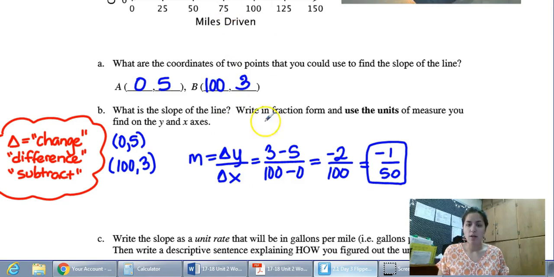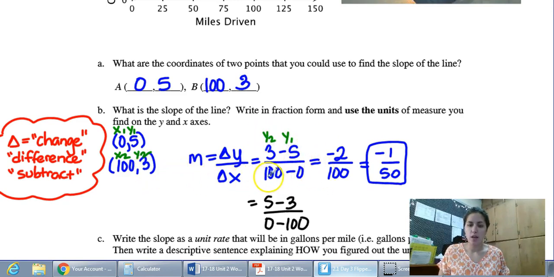Or you could have done 5 minus 3 divided by 0 minus 100. Because if I were to add my little x1, y1 labels here, x2, y2, this top example is y2 minus y1, and then this is x2 minus x1.